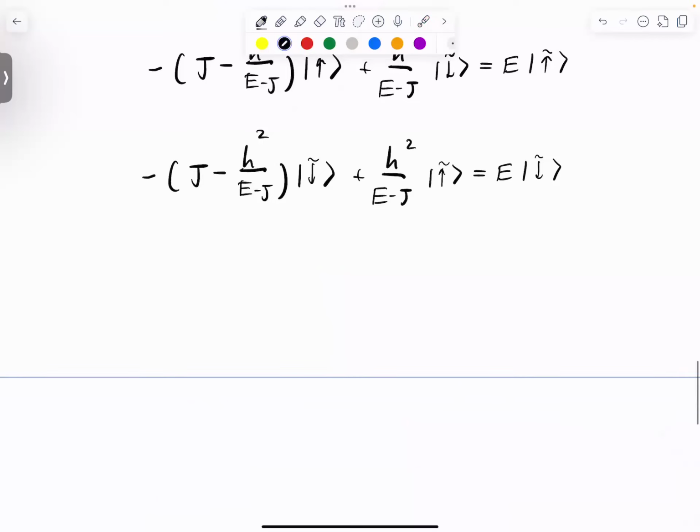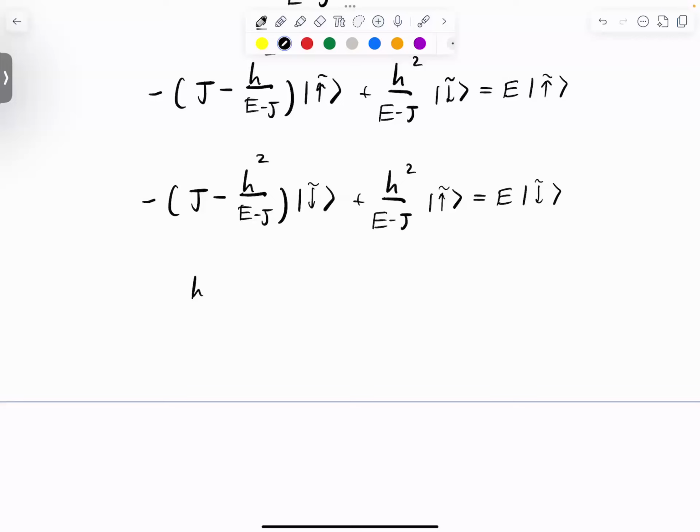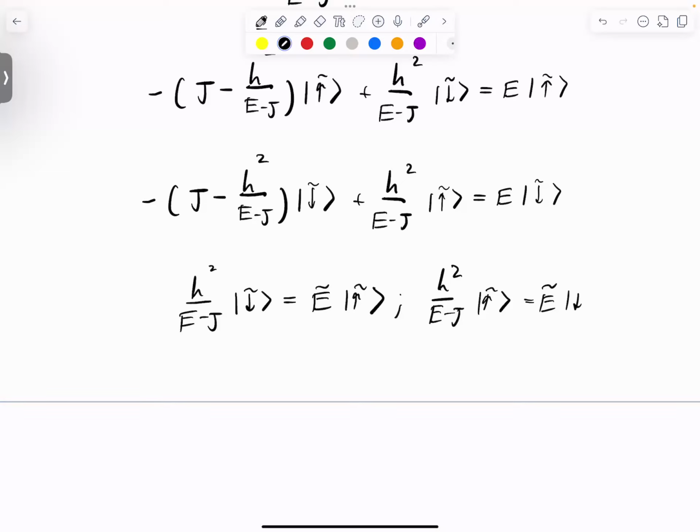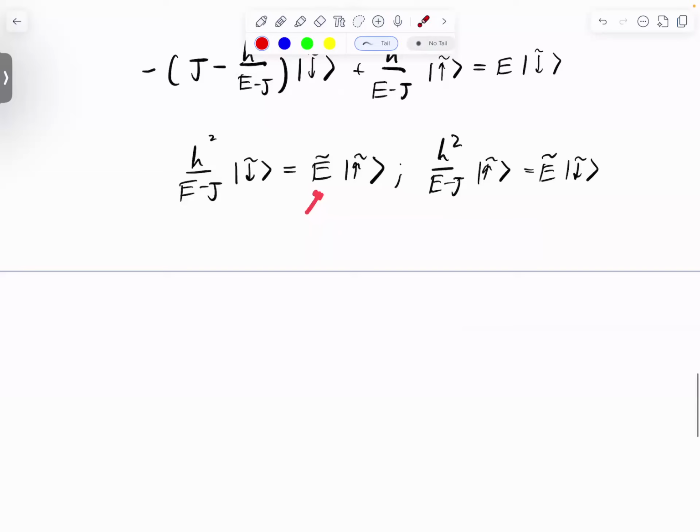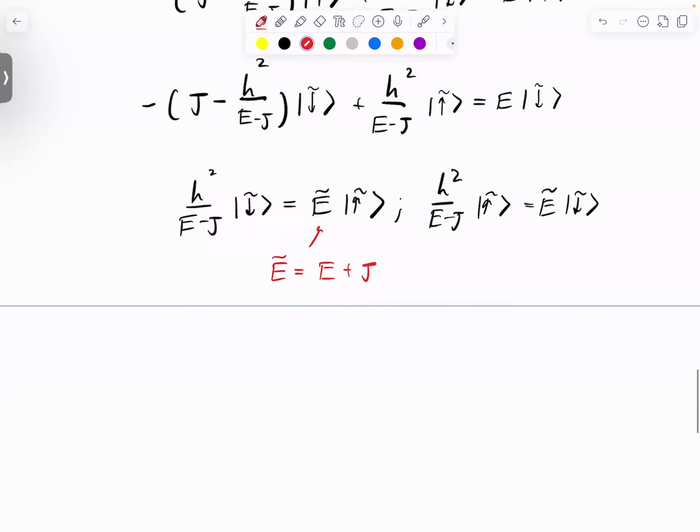So you can rewrite this as H squared over E minus J down tilde is equal to E tilde up tilde, and H squared over E minus J up tilde equals E tilde down tilde, where E tilde is E plus J minus H squared over EJ.